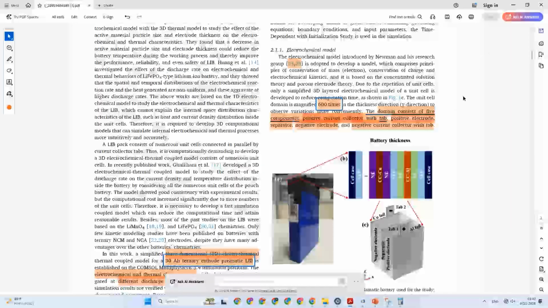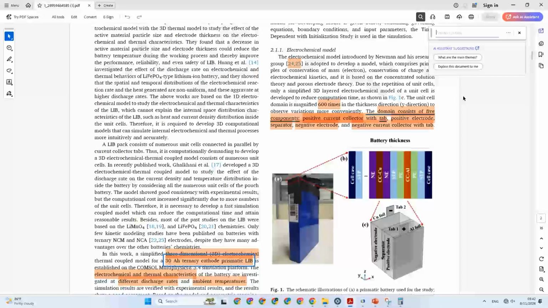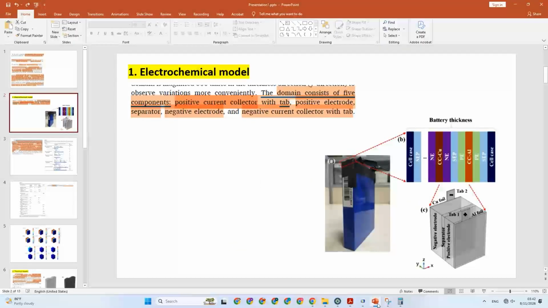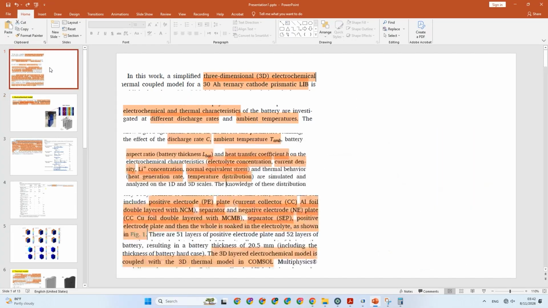LiPF6, oh, nothing. They must talk about it. I don't know why they don't talk about it. They just said that it's a separator. Nothing more.